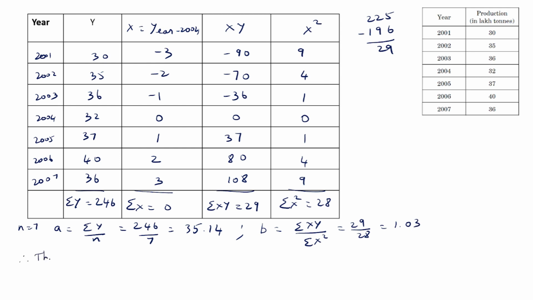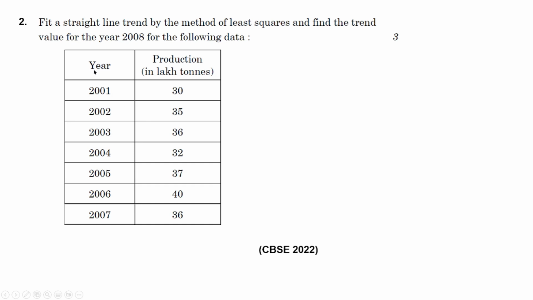Therefore, the trend line is yt equal to a plus bx. That is yt equal to 35.14 plus 1.03x. Now we have one more question. We are asked to find the trend value for the year 2008.